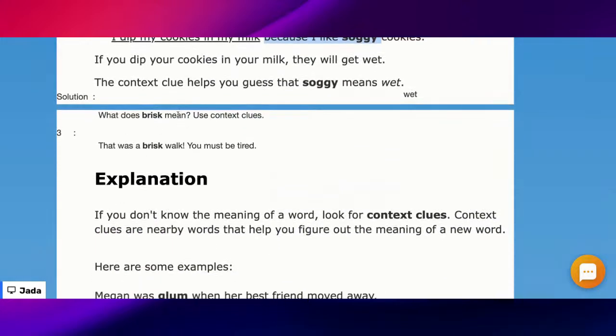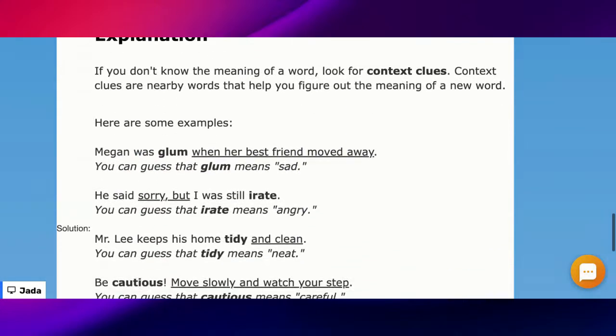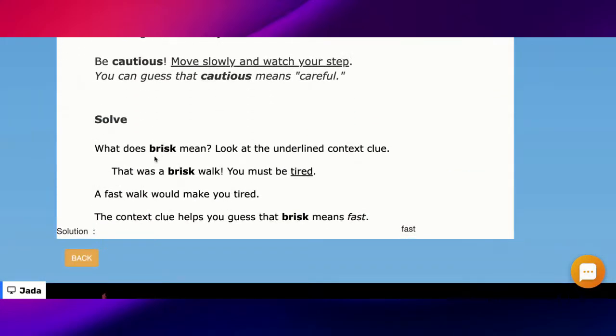What does bricks mean in this sentence? That was a brick's walk. You must be tired. So, what does it mean? The underlying clue here is tired.